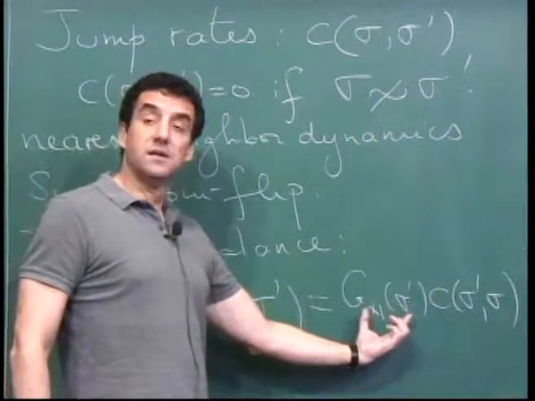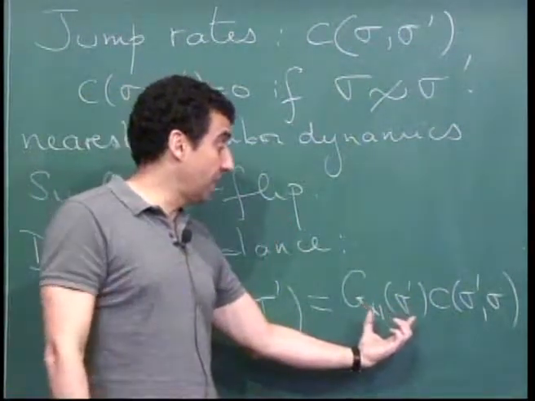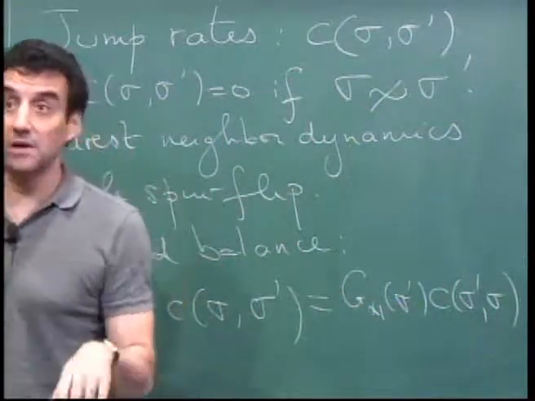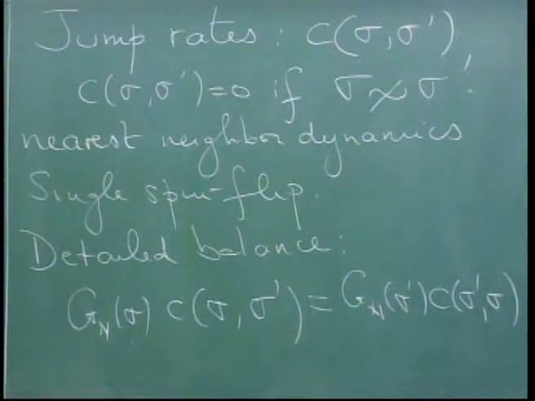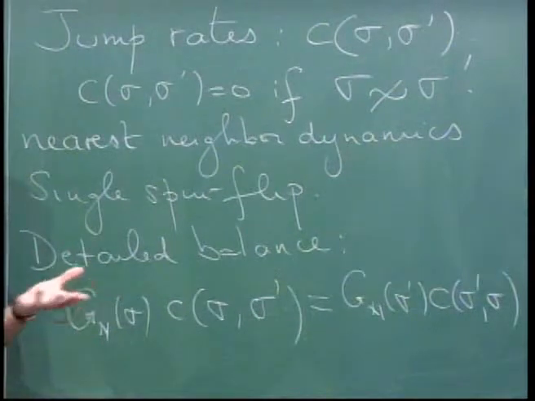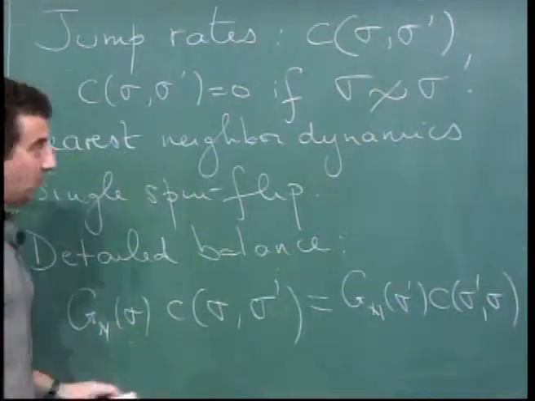You weigh sigma prime, the target point, by its Gibbs weight, and then you multiply by the jump rate from sigma prime to sigma. If these two fluxes are the same, then the model will, of course, be reversible, and Gn will be the invariant measure. Any such thing is usually called Glauber dynamics. And we want to study this.